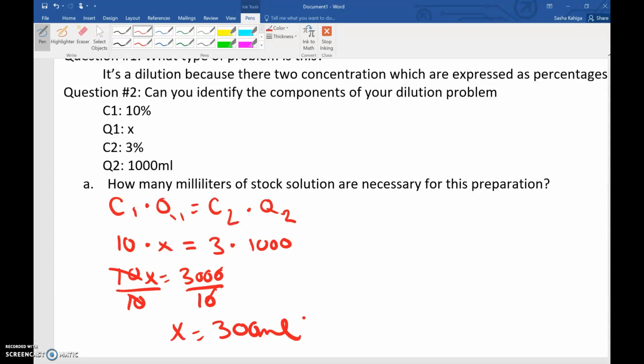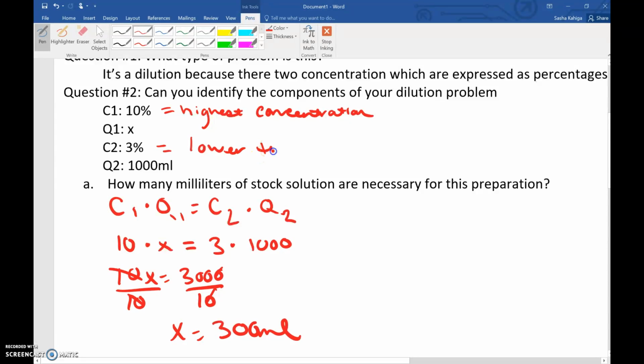That makes sense. What I want you to keep in mind is that your C1 is always going to be your highest concentration. Your C2 is your desired concentration, and it's always going to be lower than C1.